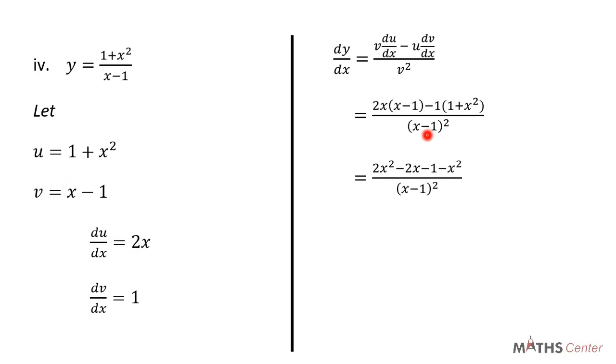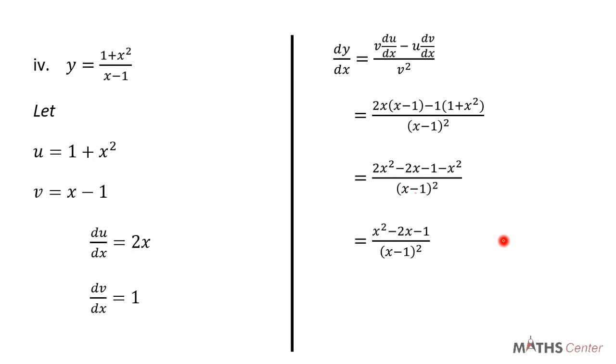When you expand the bracket, on the numerator you have 2x squared minus 2x minus 1 minus x squared divided by x minus 1 squared. And this gives us x squared minus 2x minus 1 divided by x minus 1 squared.